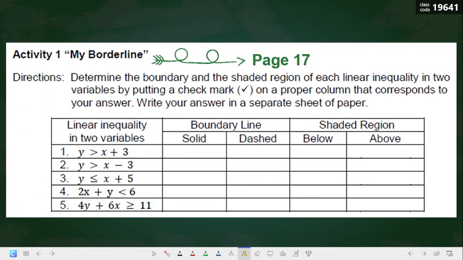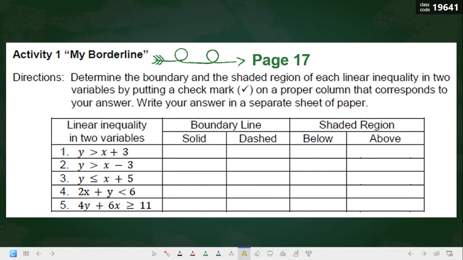Okay. So, for your activity, ito lang yung sasagutan nyo. Activity 1, may borderline. The direction here is you're going to determine the boundary and the shaded region of each linear inequality in two variables by putting a check mark on a proper column that corresponds to your answer. Check nyo lang kung ano ba ang boundary line na gagamitin mo for this inequality.